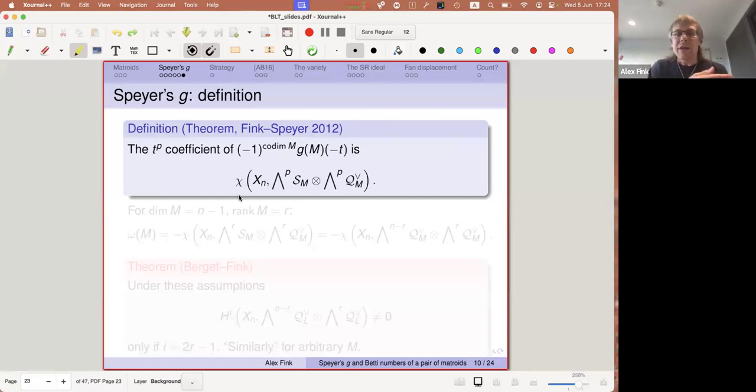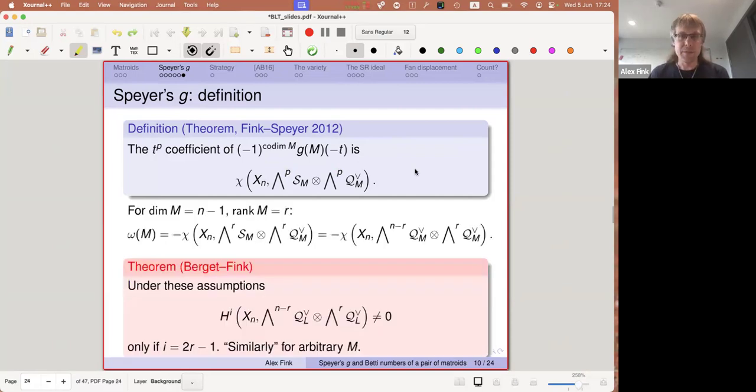You can actually evaluate this Euler characteristic by pushforward to a point in K theory, and so you can do this purely on K classes, and that's why this is a meaningful expression. It doesn't need to have a literal vector bundle to do this. David and I proved that if these two wedge powers are different, P and Q, then this is 0. And so really, even if I varied those exponents independently, I get a univariate polynomial, and that thing is G.